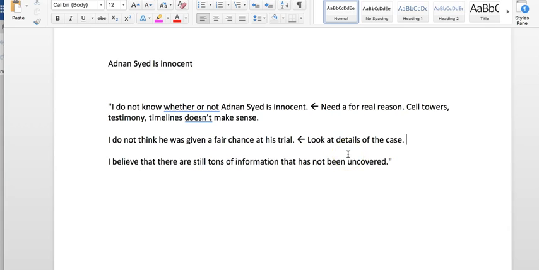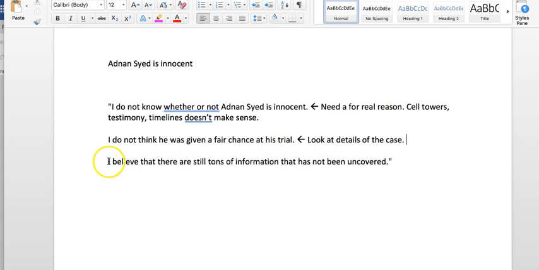Yes, you can get information from the trial, and maybe get the court papers from when he was petitioning to have a new trial. You can get information from that, but it's the actual details from that information, not the actual trial. So that needs to be expanded.